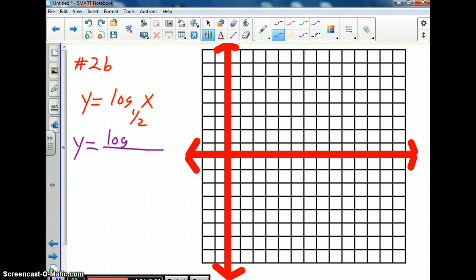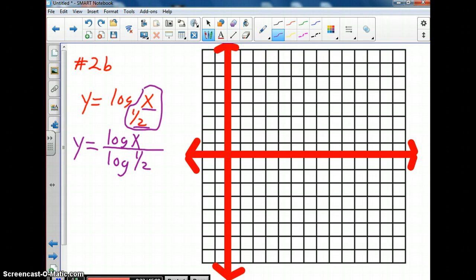On the bottom, you're going to put log. Now look at this: there are two things. The x is on the top, the 1/2 is on the bottom. One's on the top, one's on the bottom. So I'm going to write down log of, and log of. That's the formula you have to use.